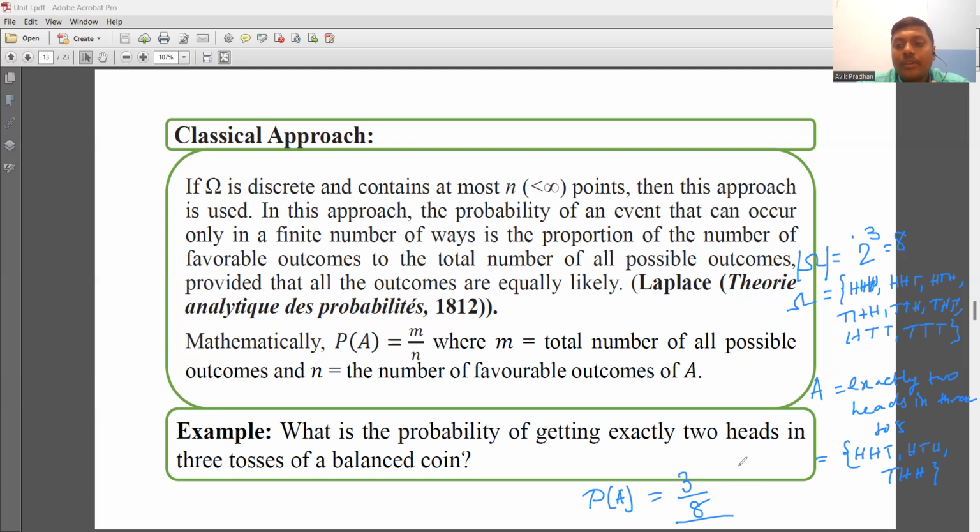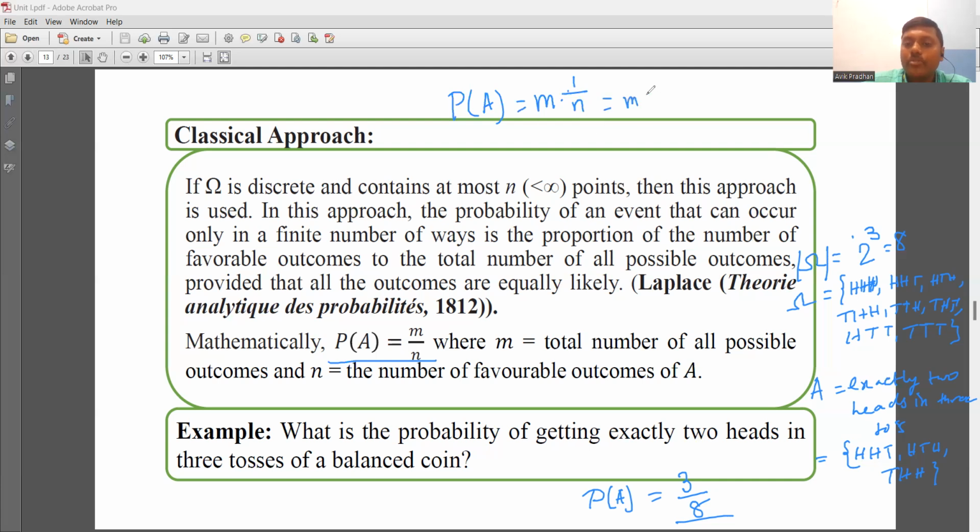That means if I have n possible outcomes for the experiment, then the probability of occurrence of an individual outcome is going to be 1 by n. So the probability of the event A is m favorable outcomes, each equally likely with probability 1 by n.